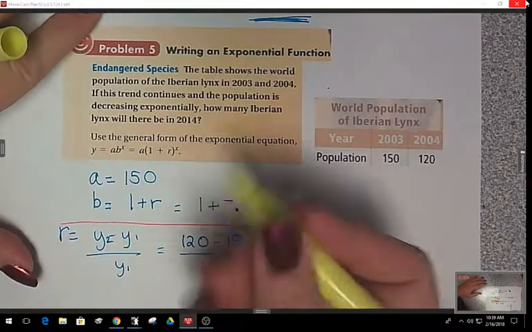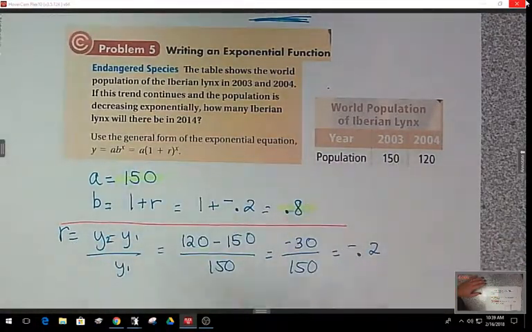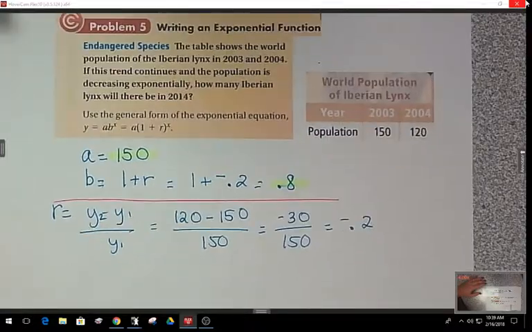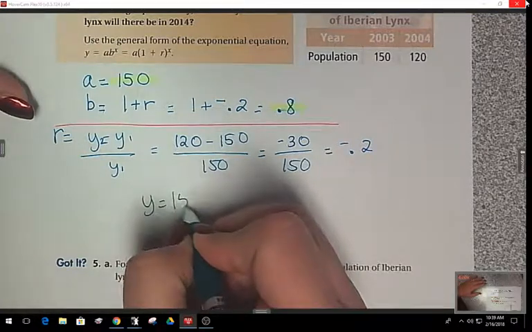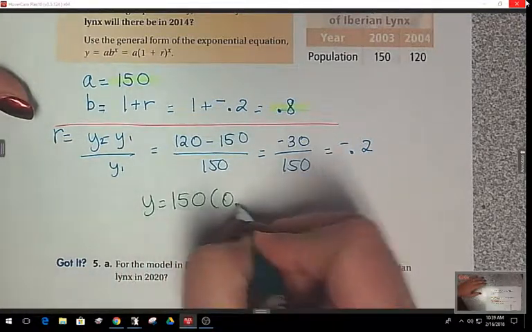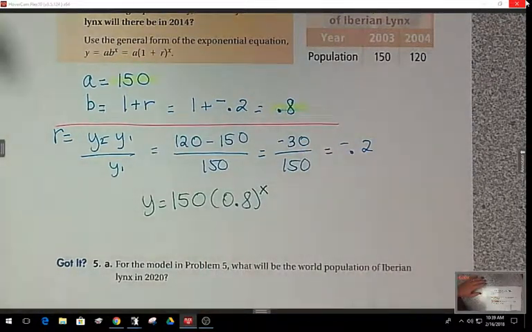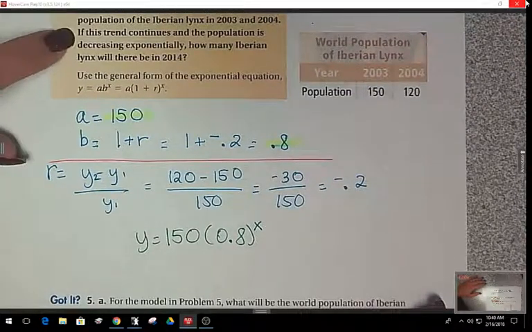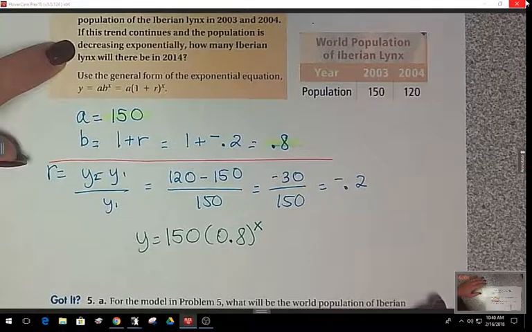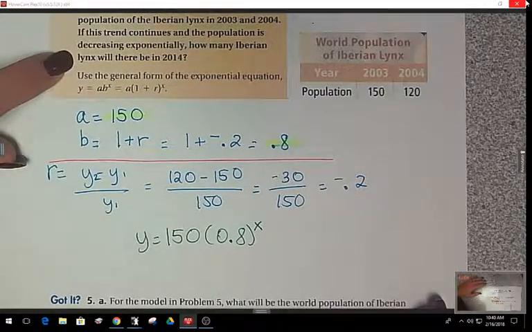So the two things I really need are this 150 and this 0.8. So my equation will look like this: y equals 150 times 0.8 to the x. So now, this question asks, if this trend continues and the population is decreasing exponentially, how many Iberian lynx will there be in 2014?